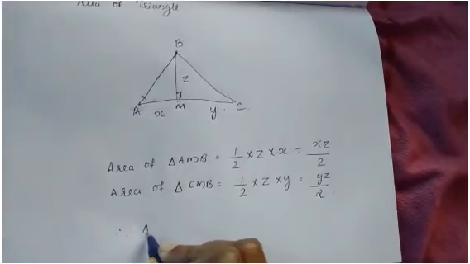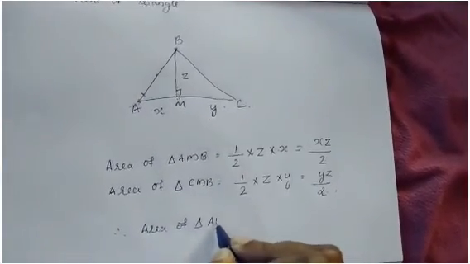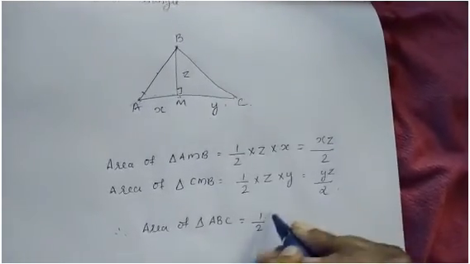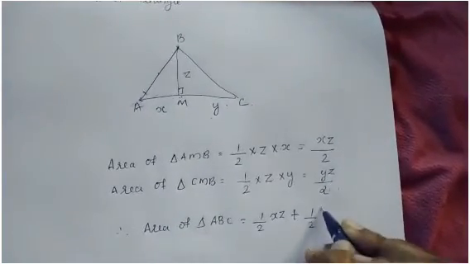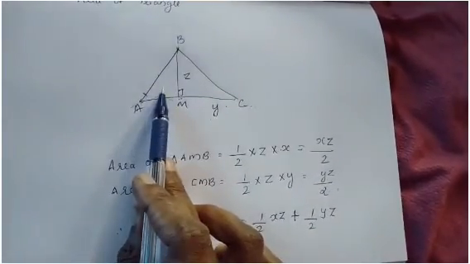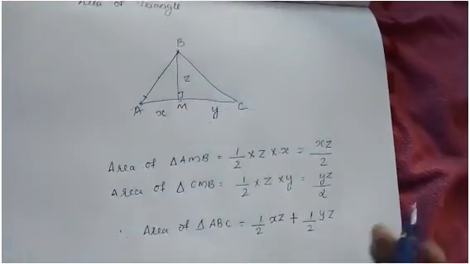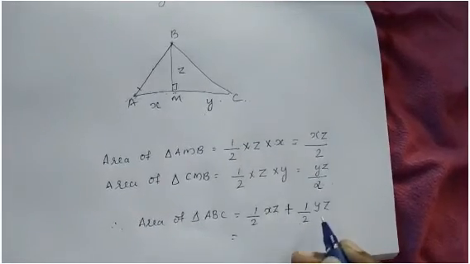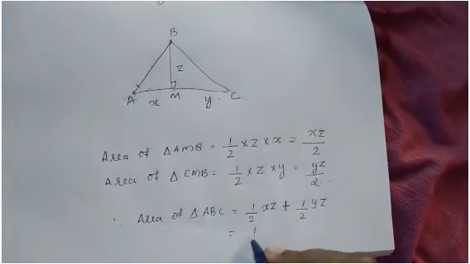Therefore, area of triangle ABC is half into xz plus half into yz, isn't it? When we add the area of this triangle to this, we get the overall result. Here z and 1 by 2 are common in these two terms, so we can take them out.